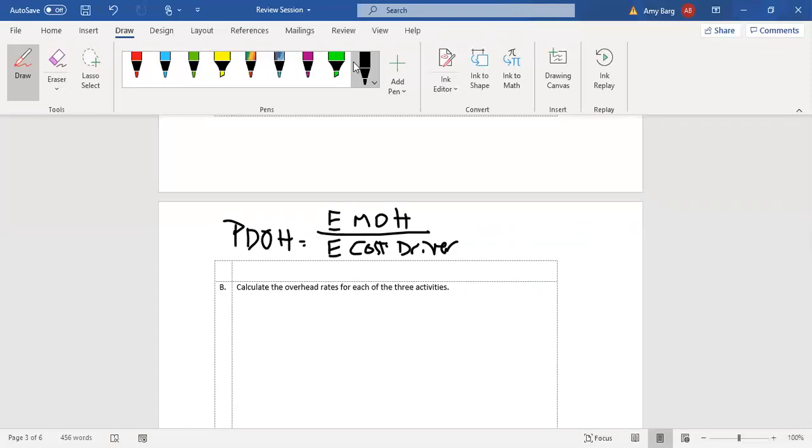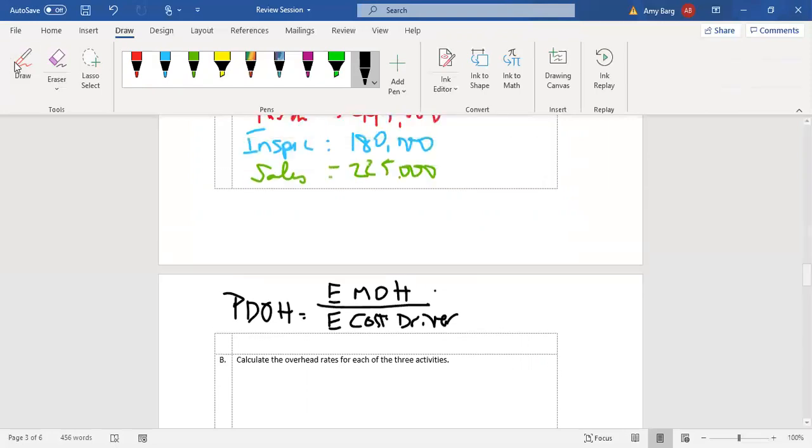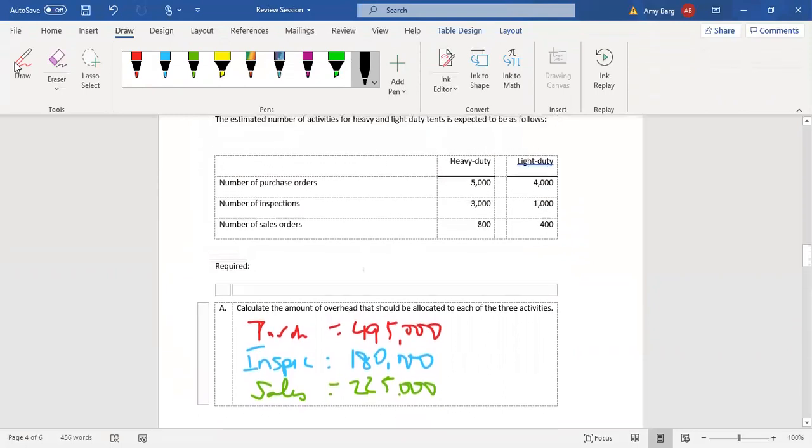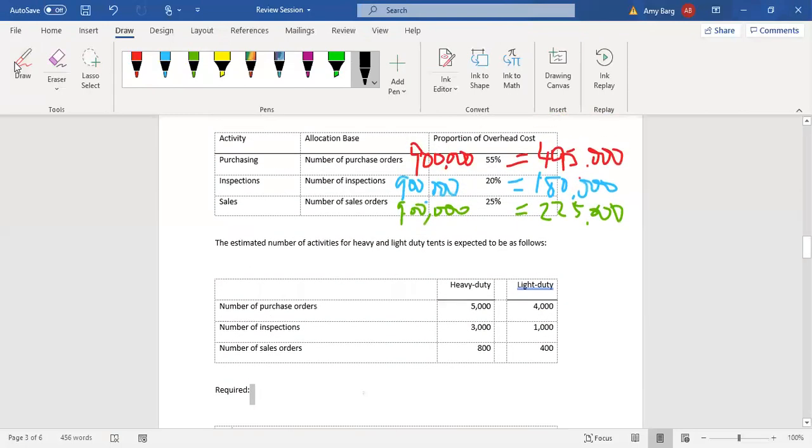So in order to do this, we need the estimated manufacturing overhead, which we just figured out up here. And now we also need the cost driver. So the cost drivers are here. It tells us that purchasing is allocated based on the number of purchase orders, and it tells us that inspections are the number of inspections, and it tells us that sales are the number of sales orders.